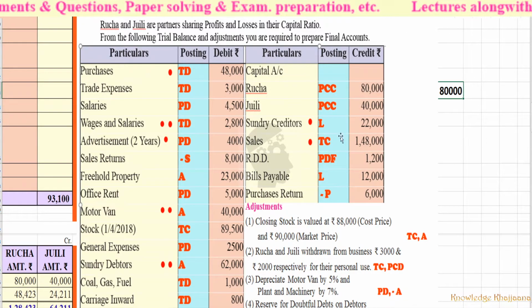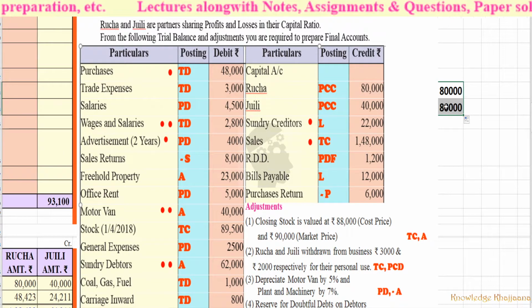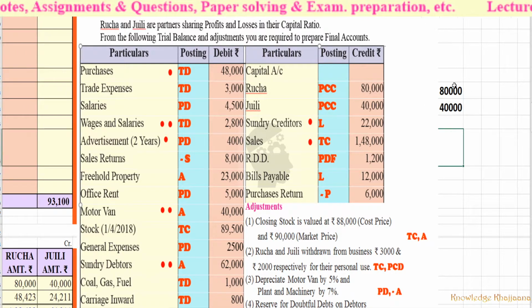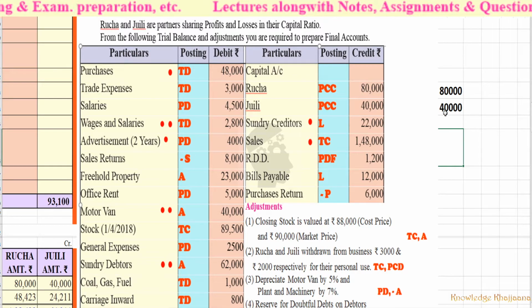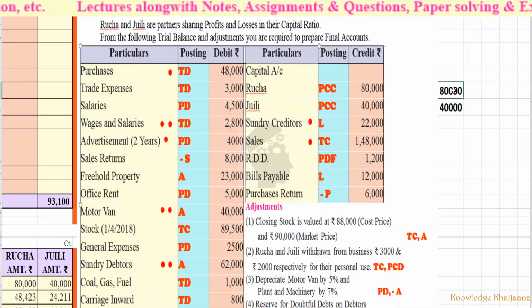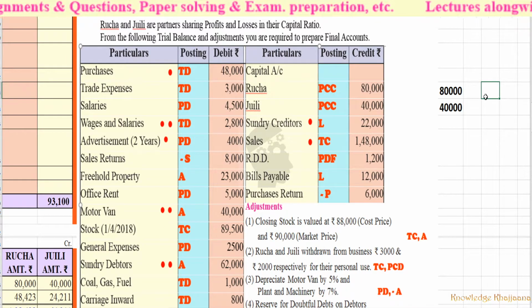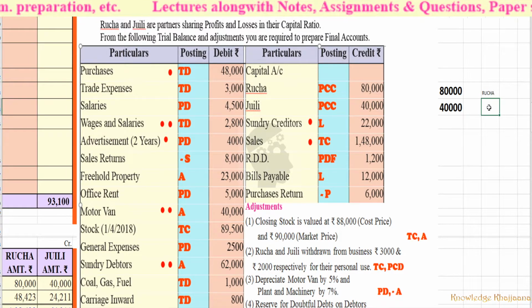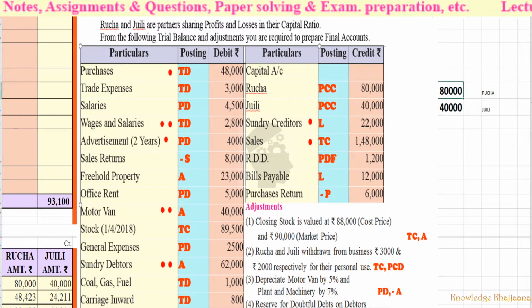And Julie brought the capital of rupees 40,000.